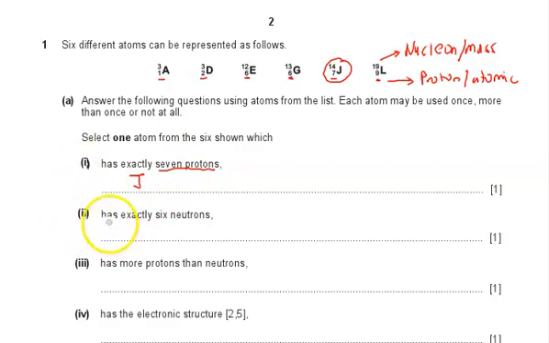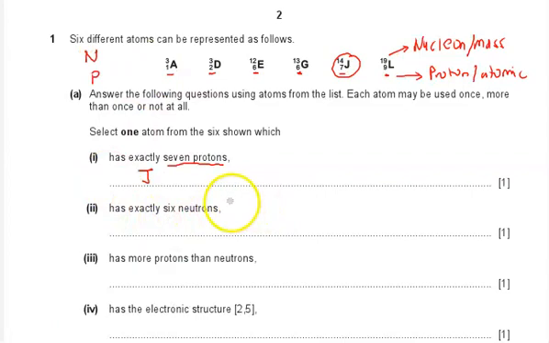Next, an atom has exactly 6 neutrons. So how do we find the number of neutrons? We have the nucleon number on top and the proton number below. To find the neutron number, we take the nucleon number on top minus the proton number.